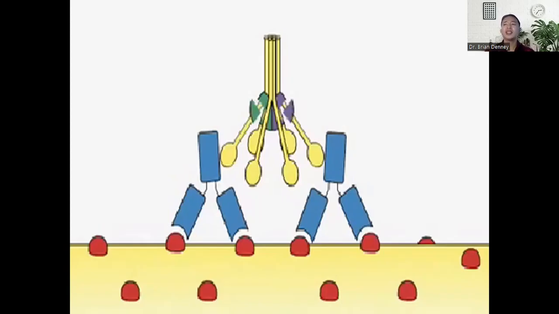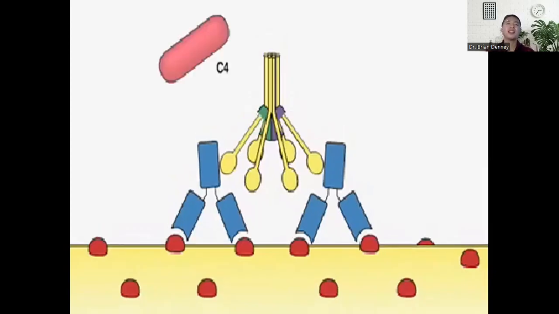Now, what complement protein is activated after C1S is activated? Very good. Your C4 subunit. So can you call C4 now? Say C4. C4 is here. C4 becomes activated by your C1S now. Say activated.